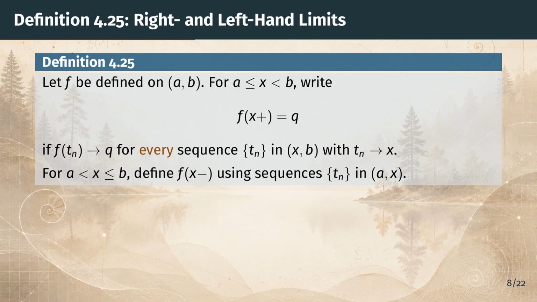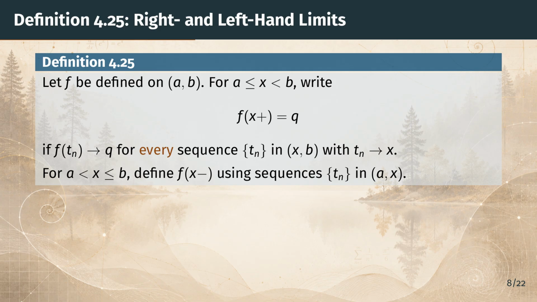Let f be defined on the open interval from a to b, for a point x with a less than or equal to x less than b. We say f of x plus equals q if the following holds: take any sequence t sub n lying strictly to the right of x inside the interval that converges to x. Then the values f of t sub n must converge to q.